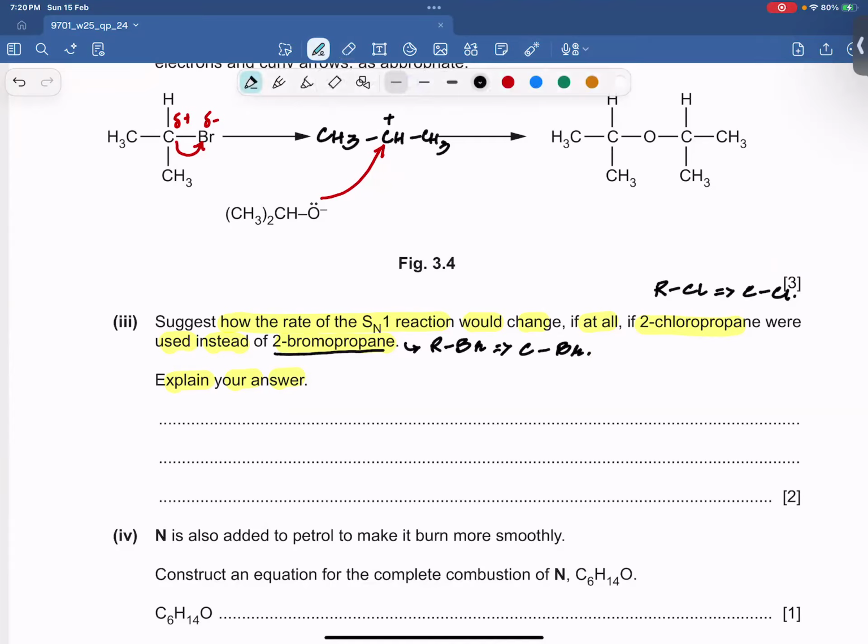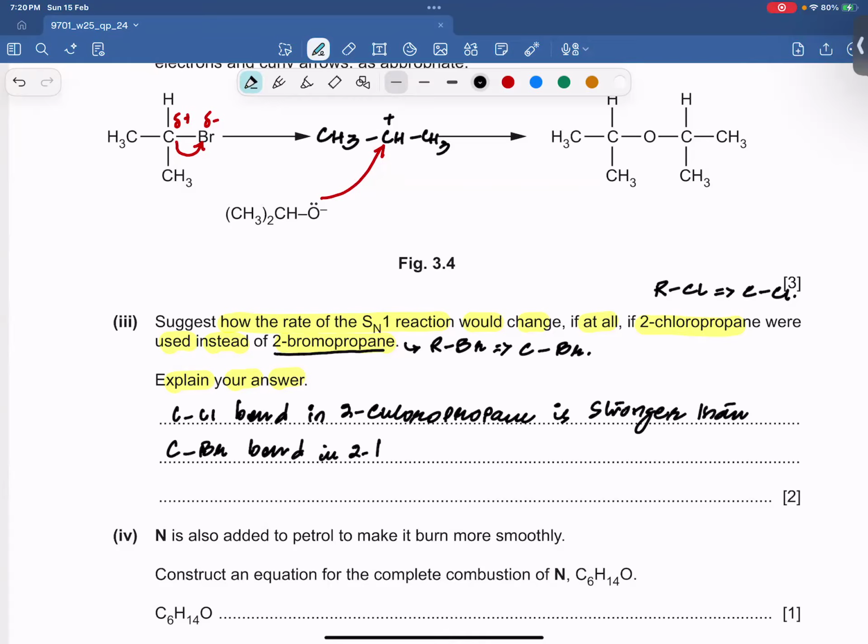So let me write it down. Carbon chlorine bond in 2-chloropropane is stronger than carbon bromine bond in 2-bromopropane.